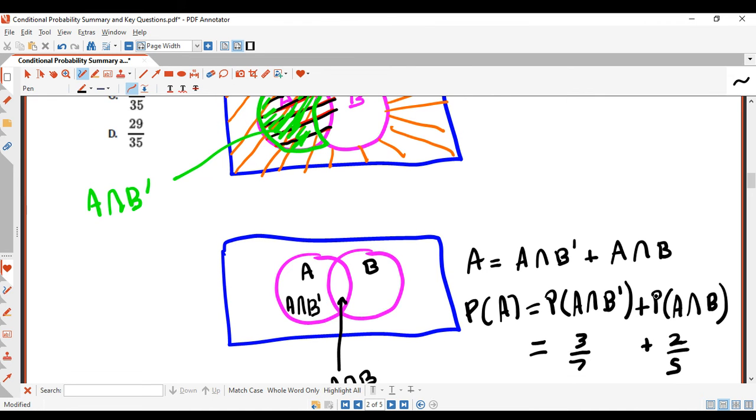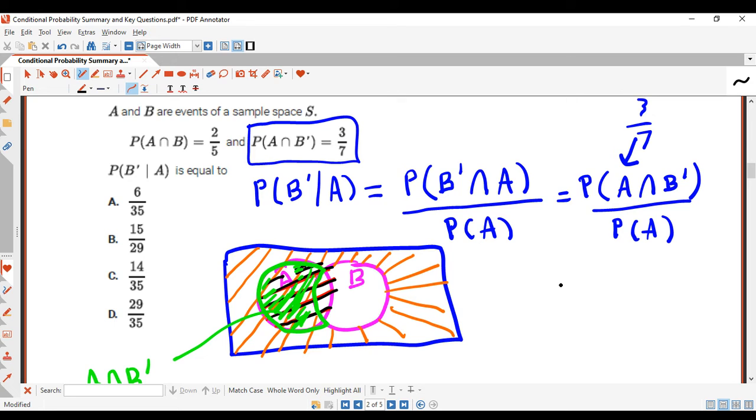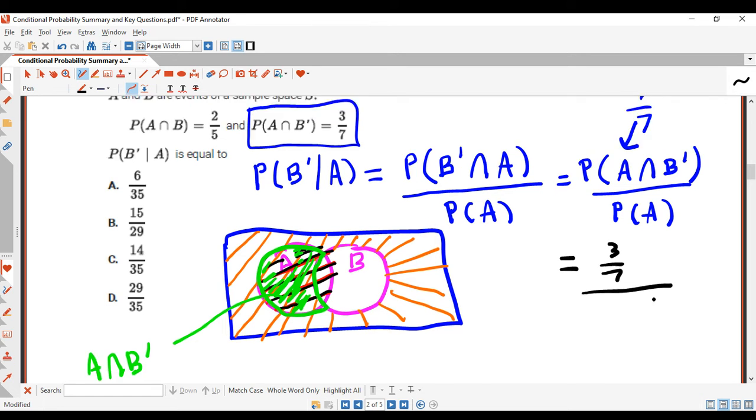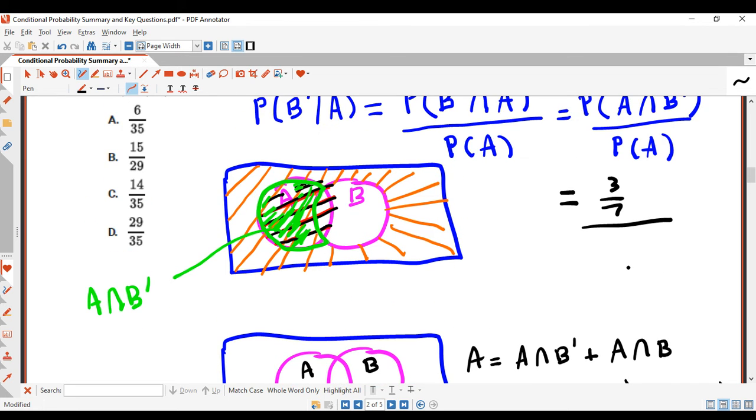Which means we can go back to our question over here, right? And we can work out our answer, can't we? Because we have A intersect not B is 3/7, that's given to us. And then probability of A is 3/7 plus 2/5.